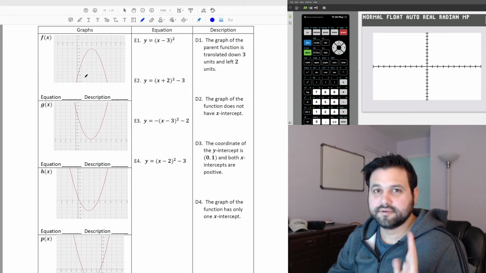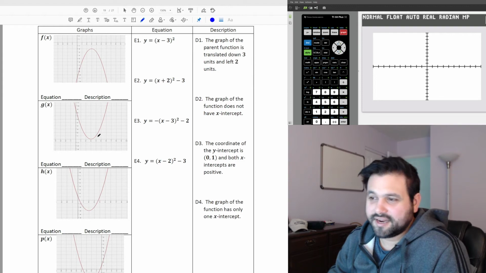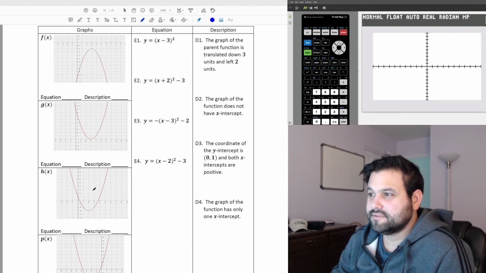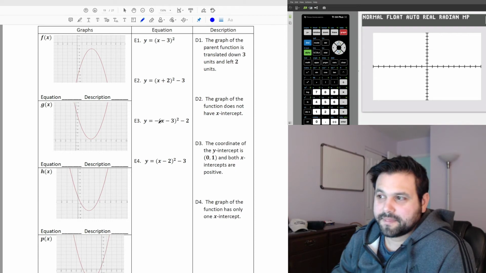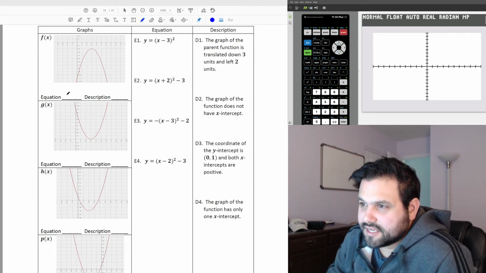So I know that the number in front has to be negative. And I also look at the rest of the graphs and notice that none of them open down. So this one could probably be a little easy because now I can just find that negative out front and know that it's the only one that opens down. So that means that equation is E3.